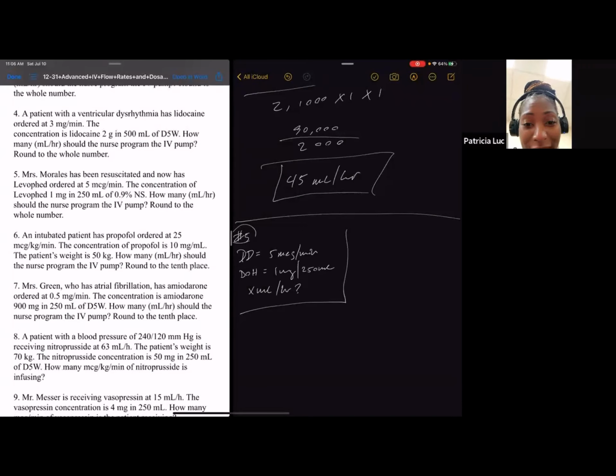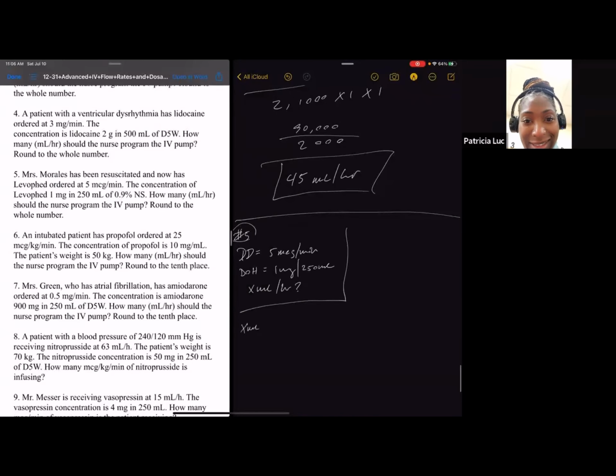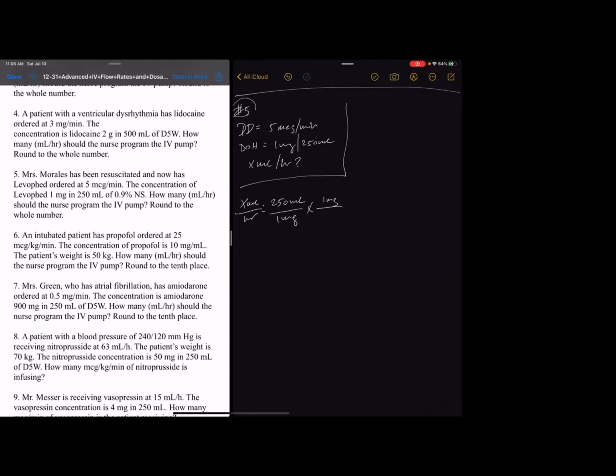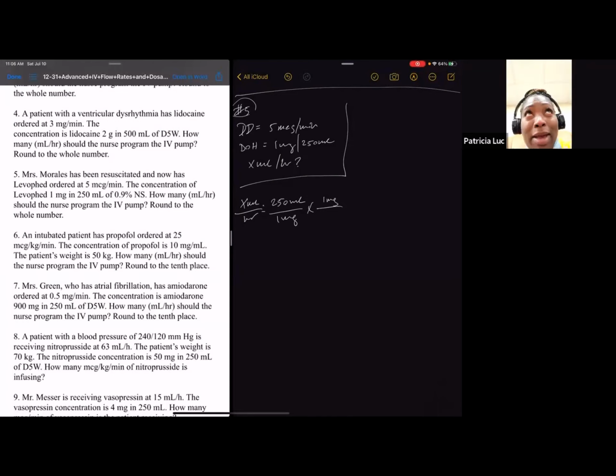X mL over an hour equals, first thing we have is mL, so that's 250 over 1 milligram, right? So we need 1 milligram times, how many micrograms in 1 milligram?